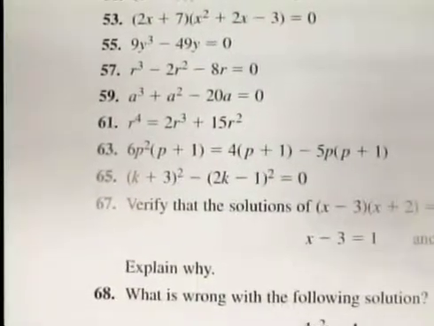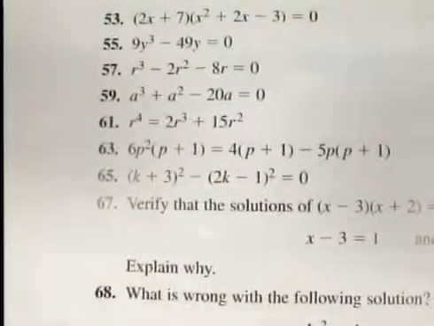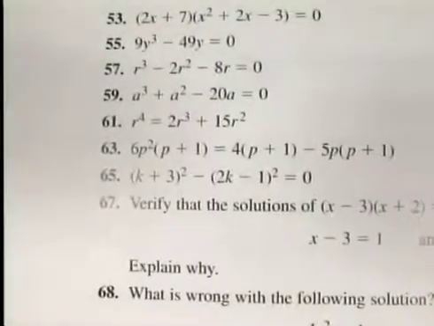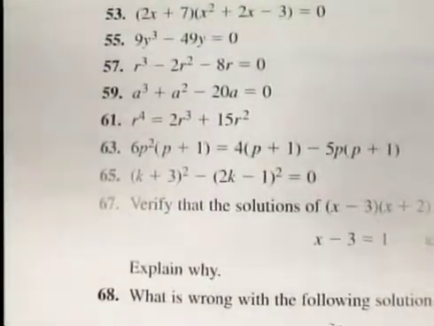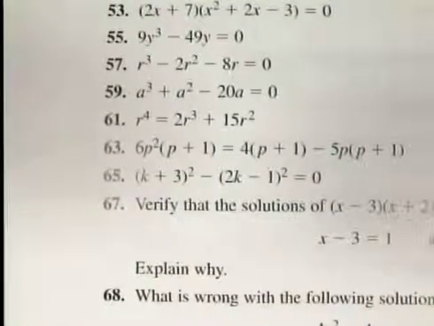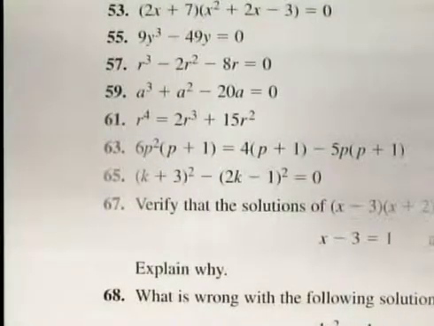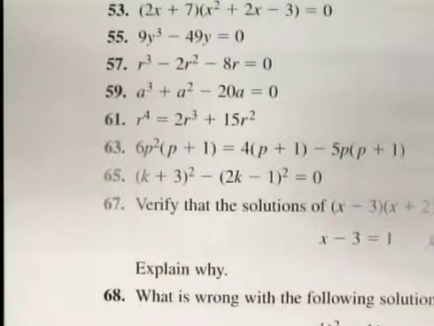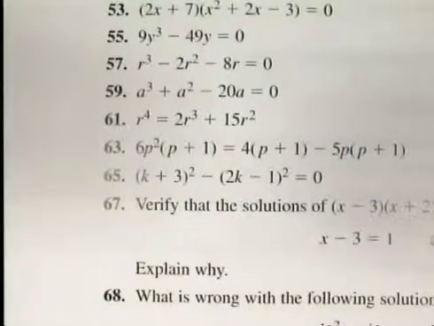So as we look at the problem, I'm going to bring everything over to the left side. Let me write it on the board. So I have number 63, and I'm going to take 6p squared times p plus 1. Then I'm going to have that equal to 4p times p plus 1.